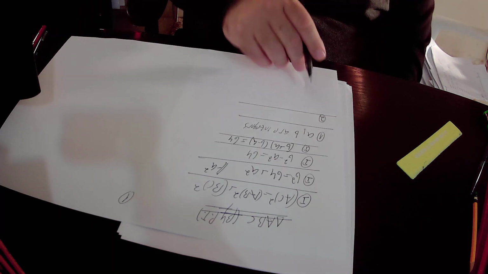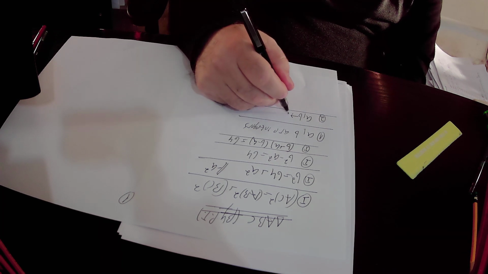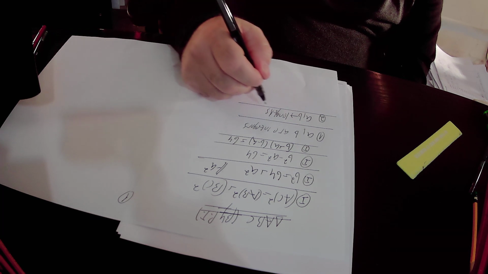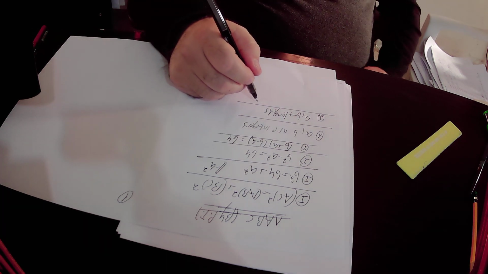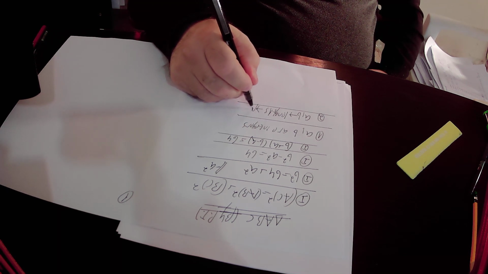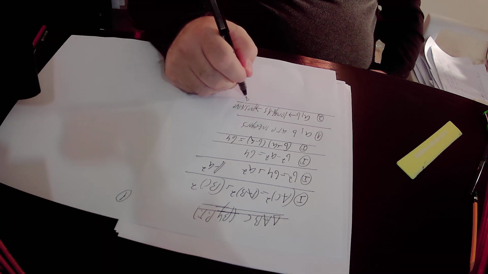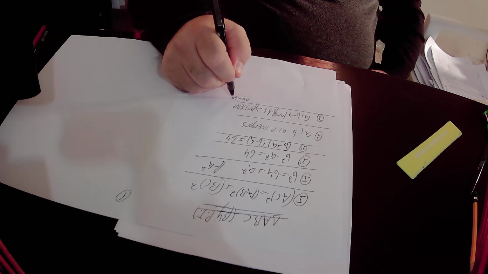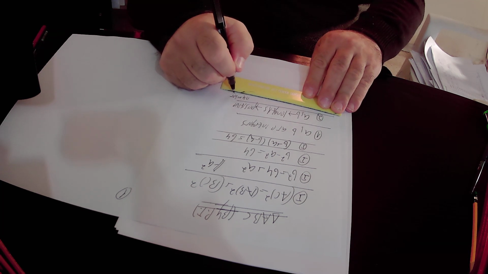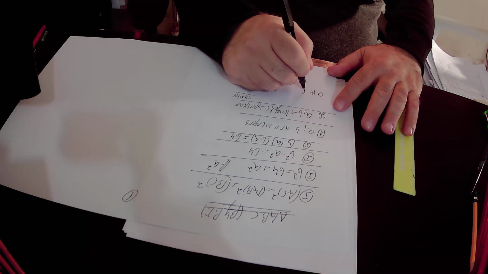So as lengths, they must be positive numbers. From 1 and 2 we can derive, in conclusion, that a and b are positive integers.